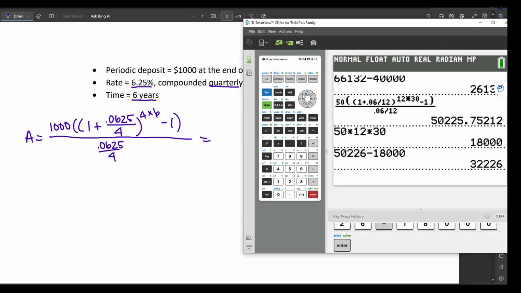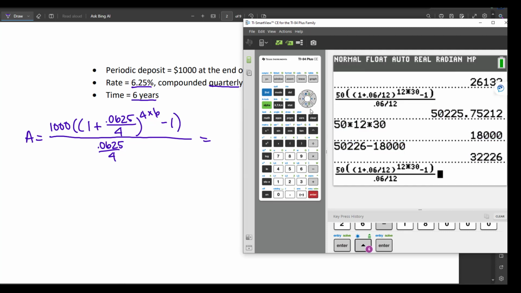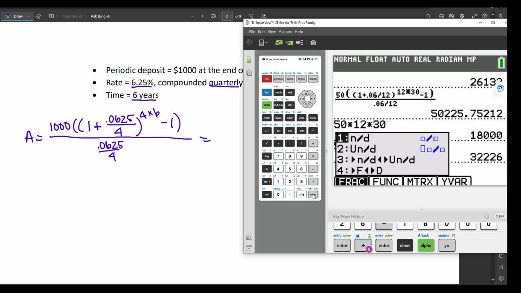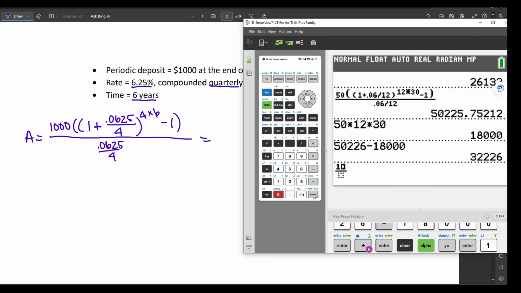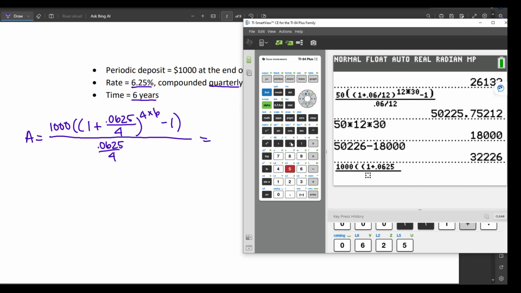And let's put it into our calculator. Actually, I'm just going to start over. Alpha y equals, enter. We have 1,000, double parentheses, 1 plus 0.0625 divided by 4. Close one of our parentheses. Get our exponent of 4 times 6.